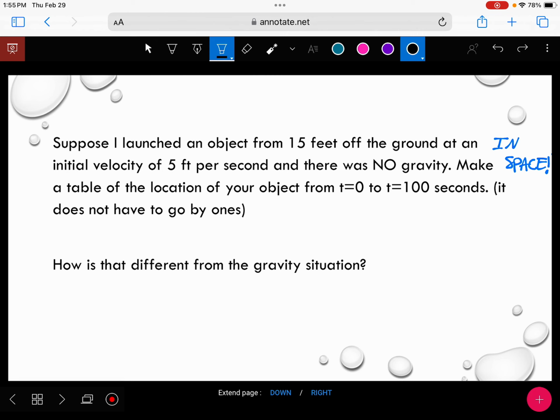So we're going to make kind of a similar list. I want you to see how high this ball is off the ground up to 100 seconds. There's a couple of different ways to think about it.